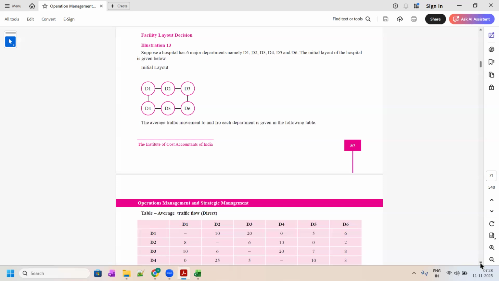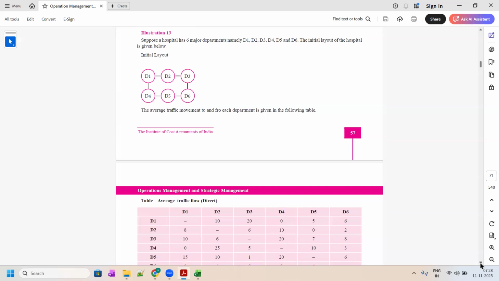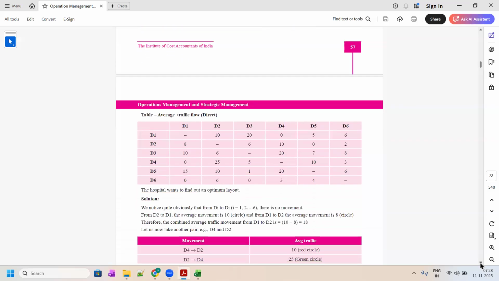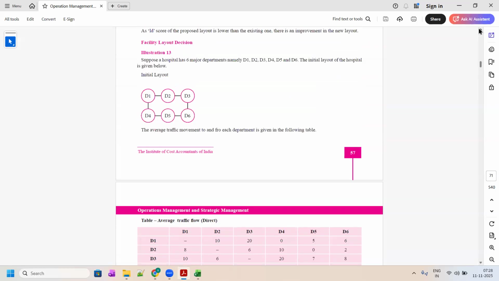The average traffic movement to and fro from each department is given to you. The hospital wants to find out the optimal layout. What would be the optimum layout for them? This is the layout given to us, and we have to find the optimum layout.